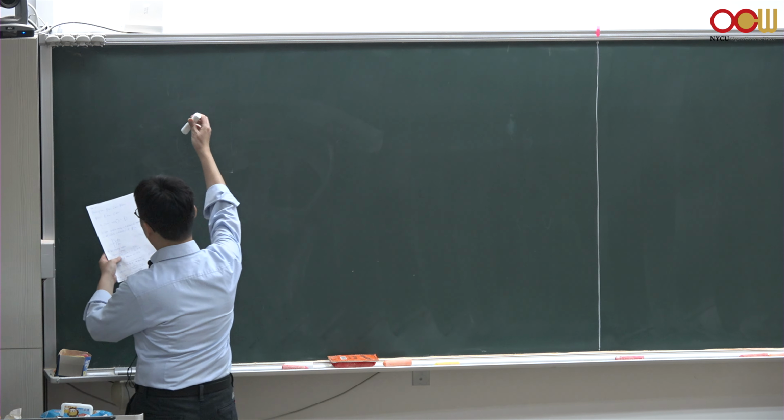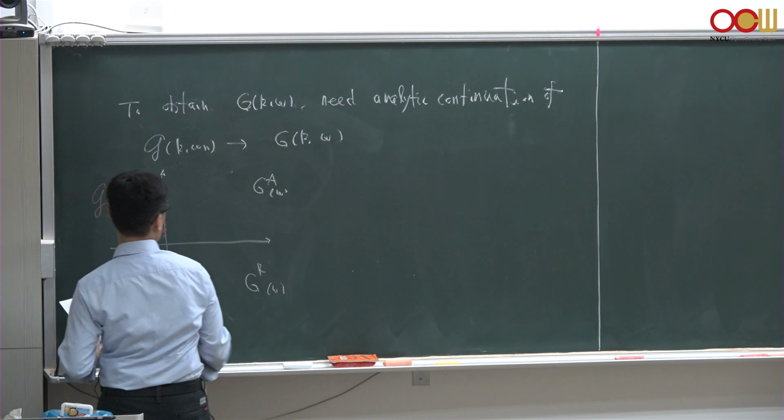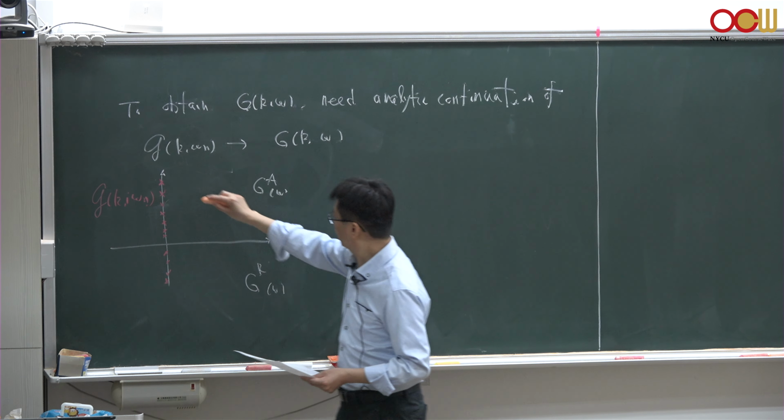As I mentioned, we could get the capital G(k, omega) by analytic continuation. So let's do it, from italic G to capital G. As I mentioned previously, when we studied the analytical properties of the Green's function, both G retarded and G advanced in real frequency can be obtained by these analytic continuations from this italic G, either from above or from below.